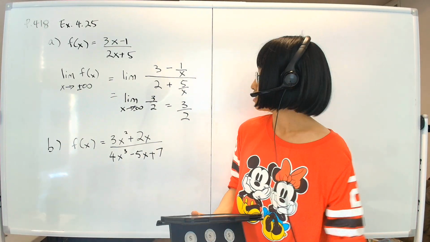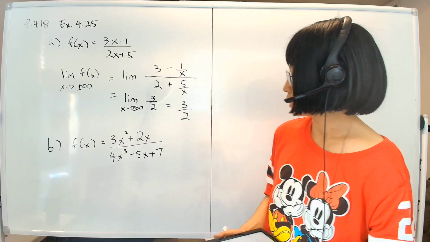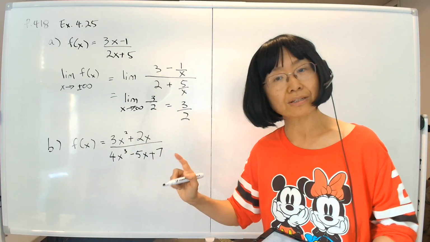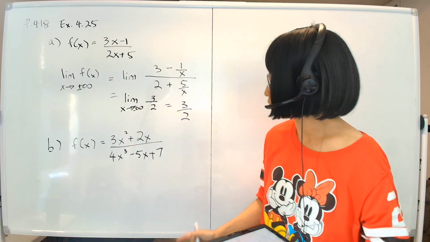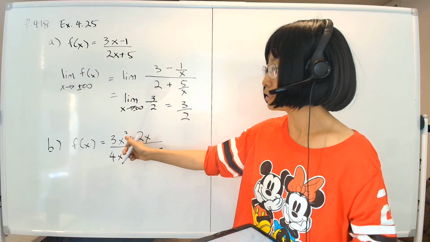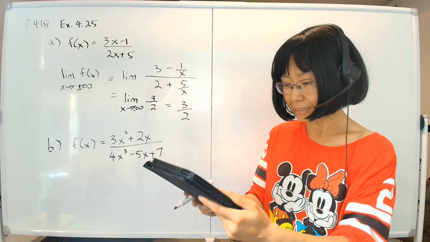Now, the first thing you do with this kind of problem is look at the highest power. What is the highest power? Notice that the bottom power is higher than the top. And that's going to mean something.